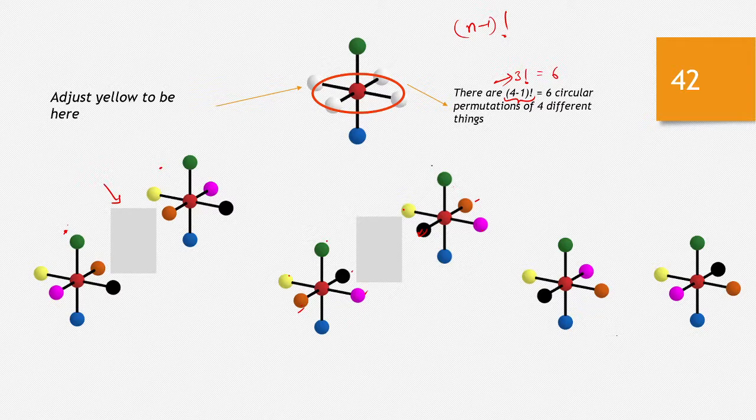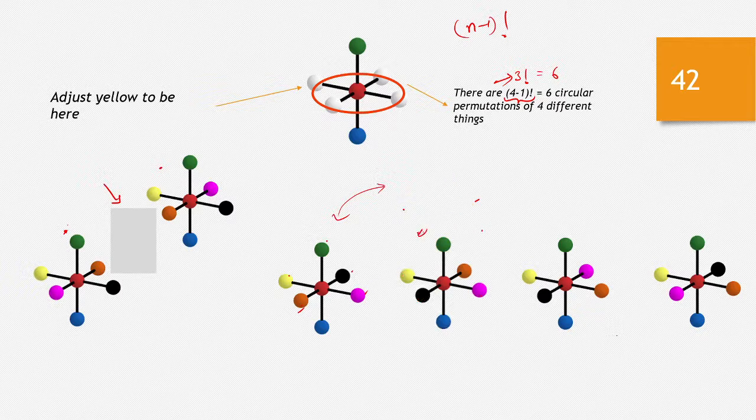So these 2 molecules are also mirror images of each other, and they are of course non-superimposable. Here you can see we have been able to superimpose the green and the blue and the yellow and the pink, but these 2 are not getting superimposed.